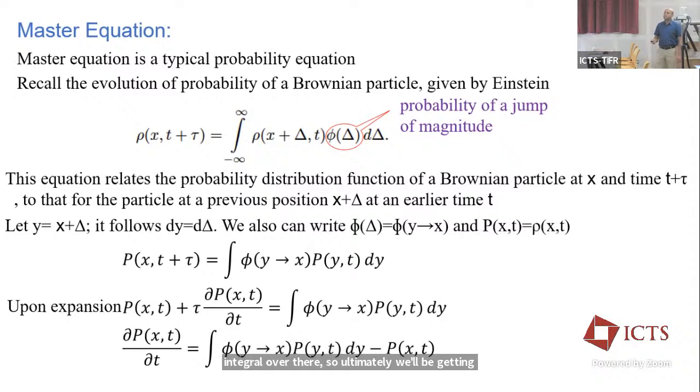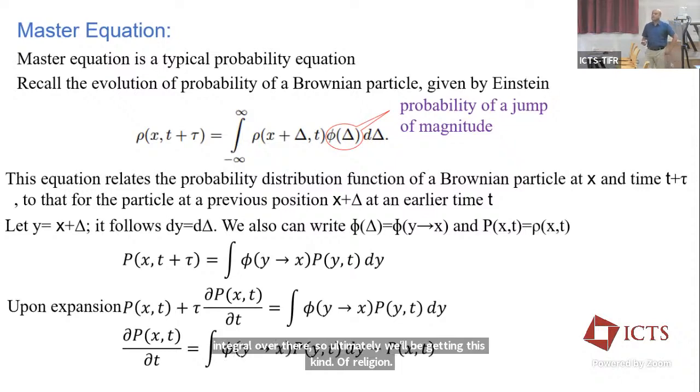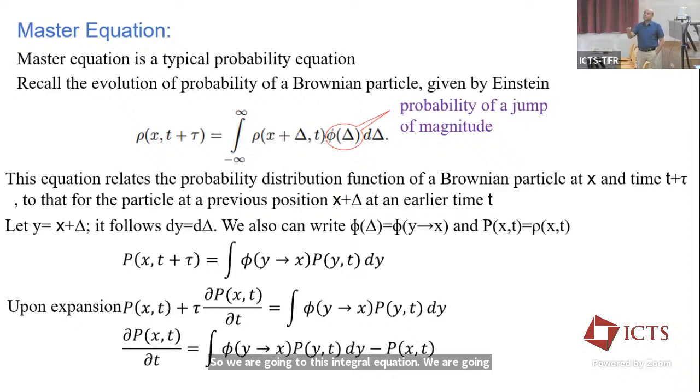So we are going to use this integral equation to describe this kind of probability balance equation, which is basically this master equation. So this equation relates the distribution function of the Brownian particle at x and at time t plus tau to that particle at the previous position x plus delta and at an earlier time. So t is the earlier time, where the location of the particle was x plus delta.